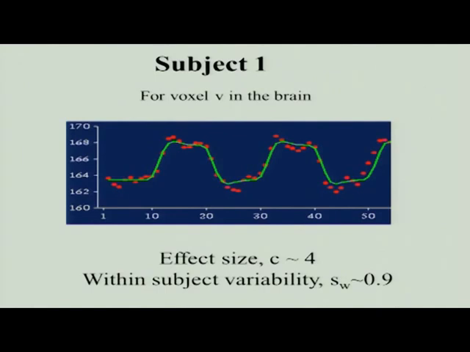Another alternative approach, which you may have heard about, is called fixed effects analysis. What that does is slightly different. Again you're looking at the effect sizes, and another factor to take into account is the variability of the effect within subject. That has to do with scanner noise, or equivalently, how well your model fits.